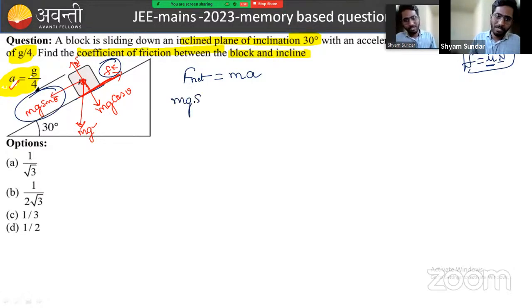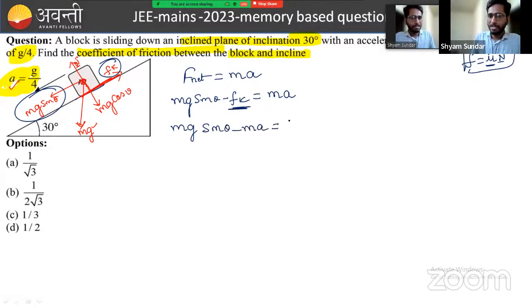So mg sin theta minus fk is equal to m into a. The coefficient of friction is inside this frictional force. Then take that to the right hand side and ma to the left hand side. Then it becomes mg sin theta minus ma is equal to frictional force.